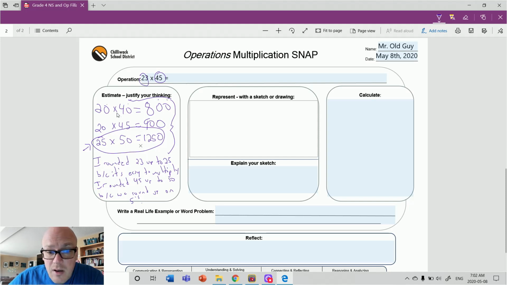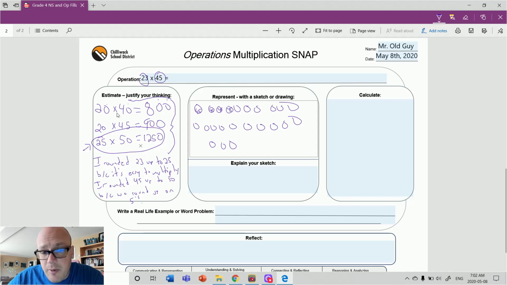So here's my, I could draw 1, 2, 3, 4, 5, 6, 7, 8, 9, 10. 1, 2, 3, 4, 5, 6, 7, 8, 9, 10. 1, 2, 3. And each of them, I'll put the number 45. Why am I putting 45? Because there's no way I am actually going to be able to put 45 little candies inside it. Sometimes you got to take a bit of a shortcut, okay?